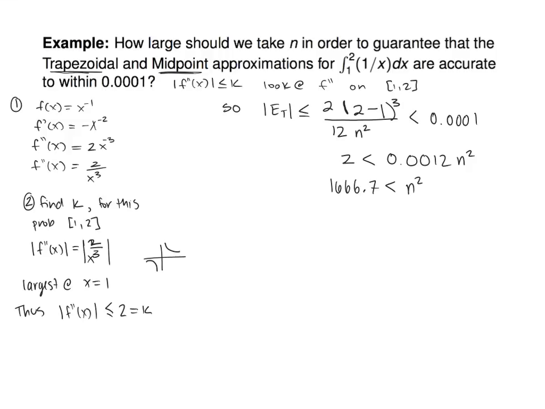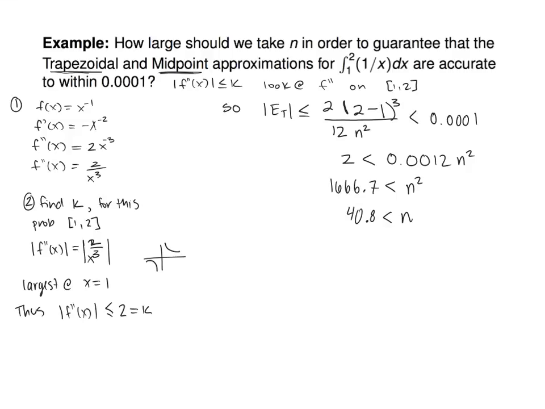And then you take the square root, and we have approximately 40.8 is less than n. So you need your n to be bigger than 40.8, and n is the number of pieces you pick. So n has to be a whole number. Does that make sense? Officially, n also has to always round up.